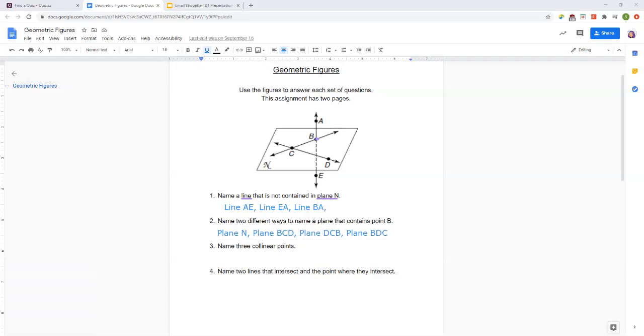All right. Name 3 collinear points. So remember, collinear points are points that are like boom, boom, boom. They're right in a row. They're on the same line.